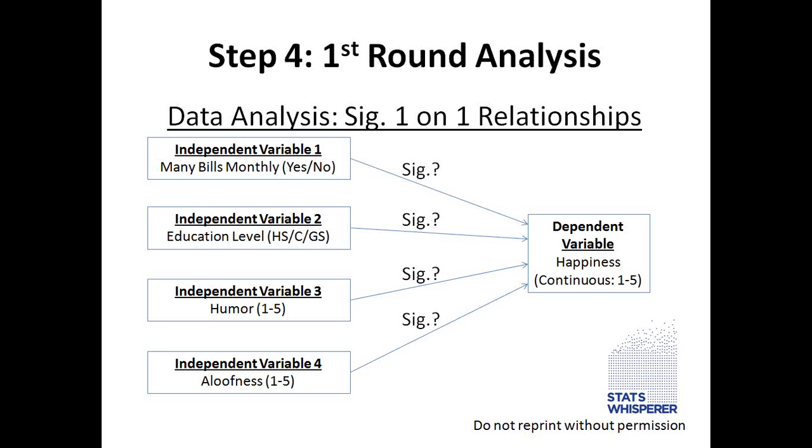Does your education level have a significant relationship with happiness? Does your level of humor have a significant relationship with happiness? So what we're wondering is, on a one-on-one relationship, is there a significant impact, you might say, on one's level of happiness.